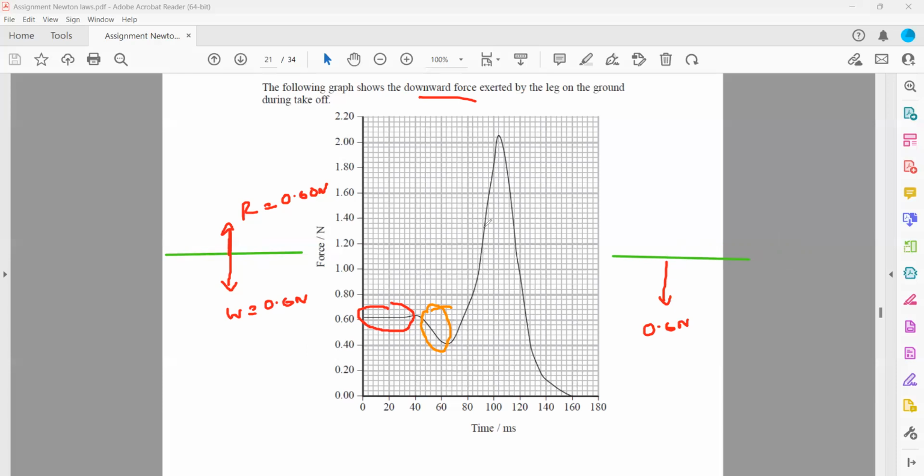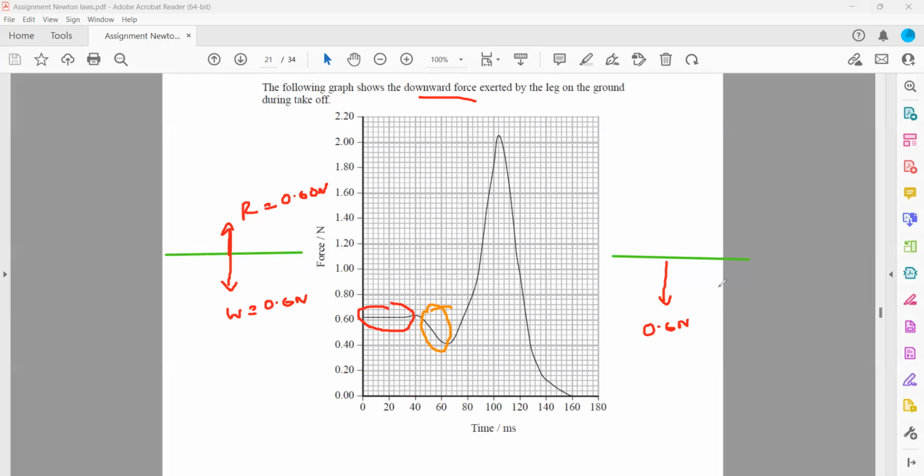It starts to push the ground. So what is the total downward force? Each box is representing, here 10 boxes equal 0.4, so each box is 0.04. So this will be 2.04.